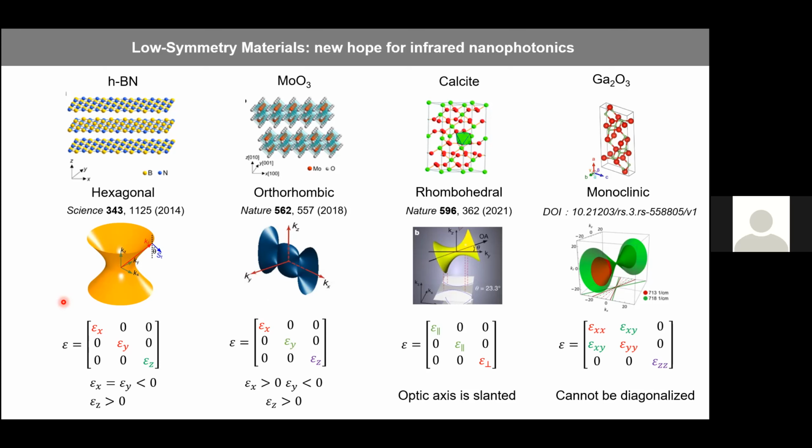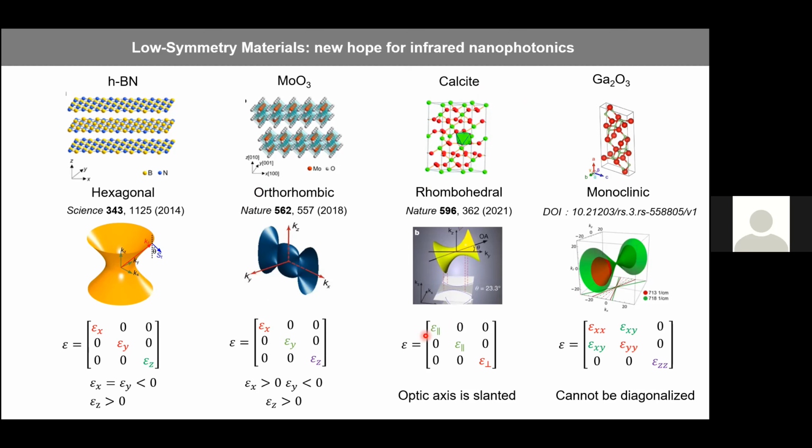But now it looks like some of us are turning back to bulk materials because of the low symmetry. Low symmetry materials provide new hopes for infrared nanophotonics because they can support some quite exotic phonon polaritons modes. Here I can show you two representative examples, such as calcite.